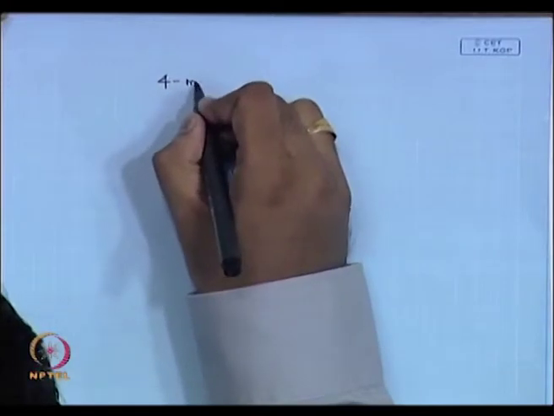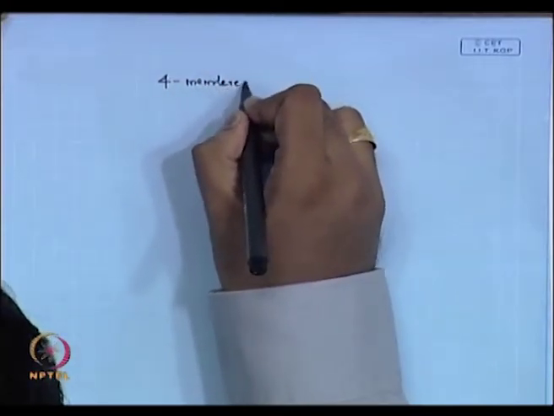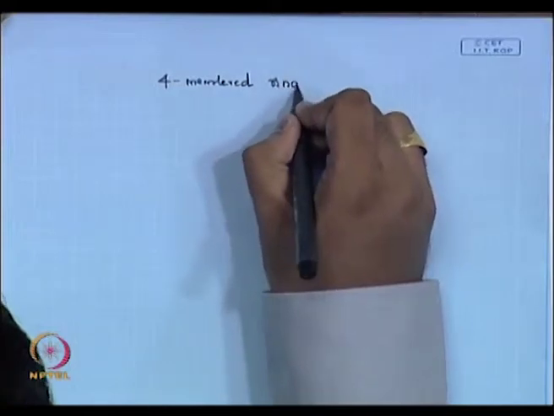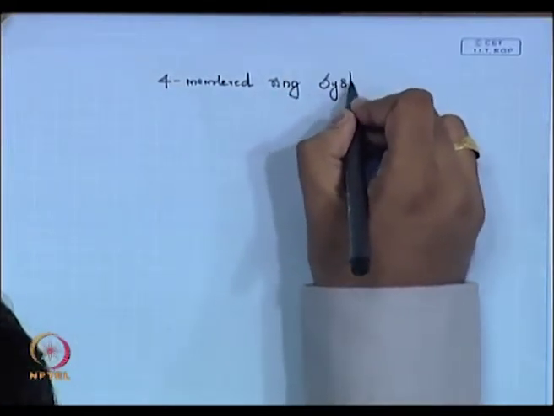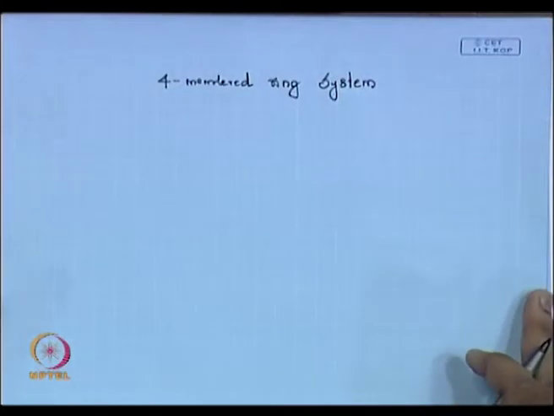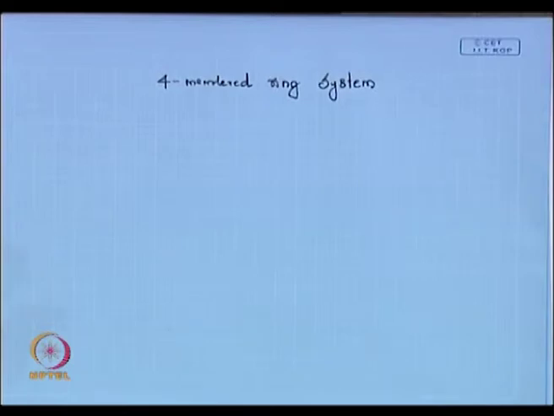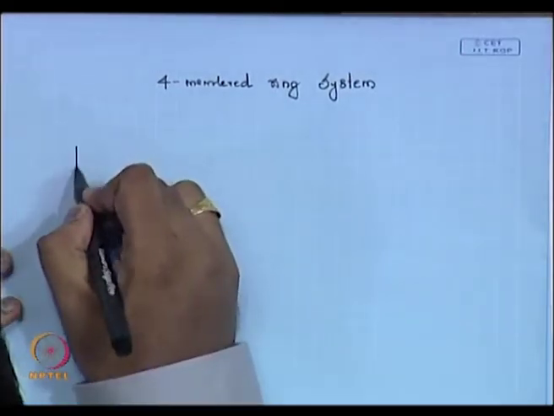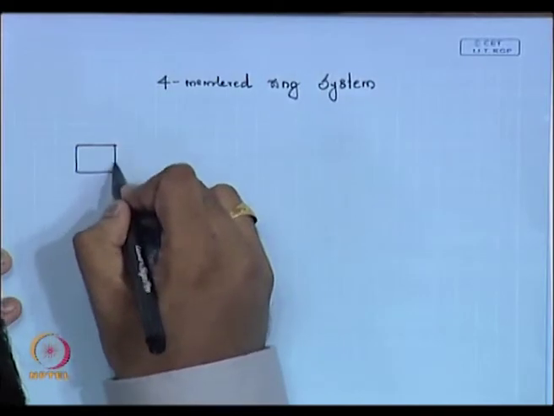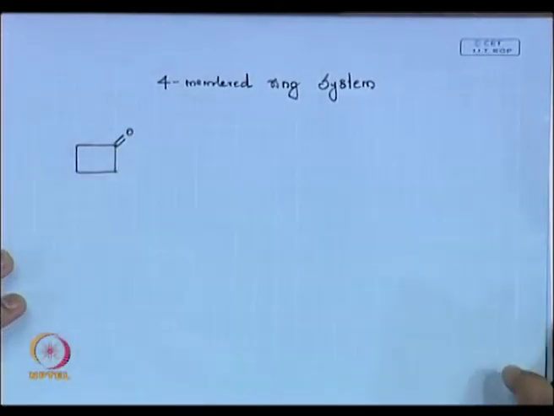So, now we will start with the 4-membered ring system. We have seen the 6-membered ring system and then the 5-membered ring system. Now, we will see the 4-membered ring system: cyclobutanone.